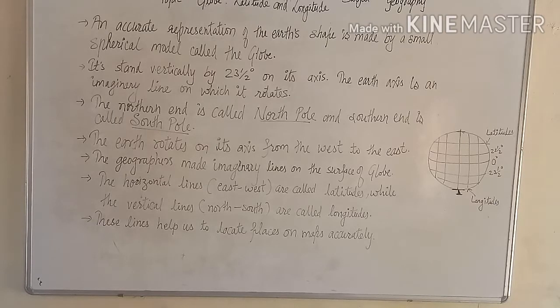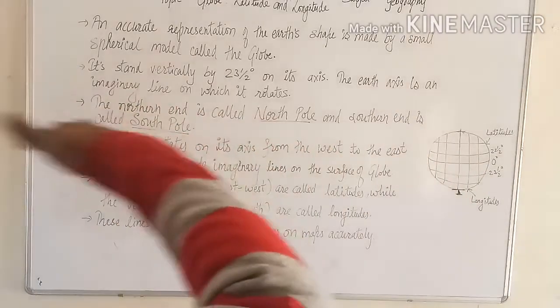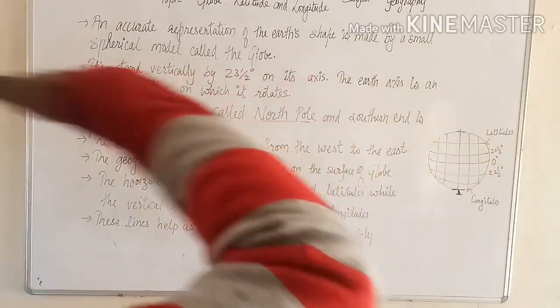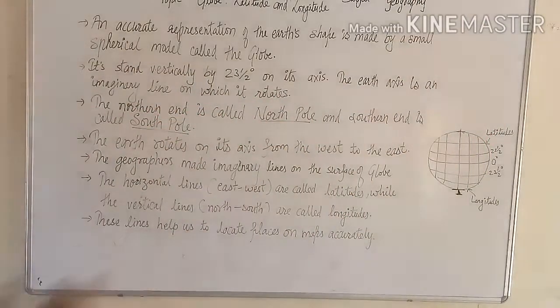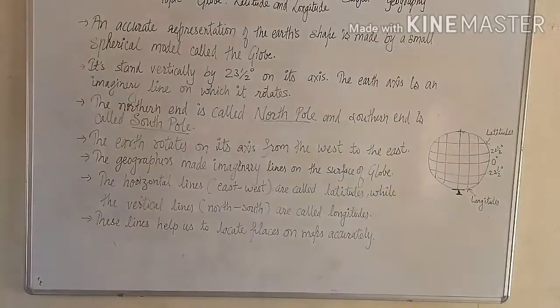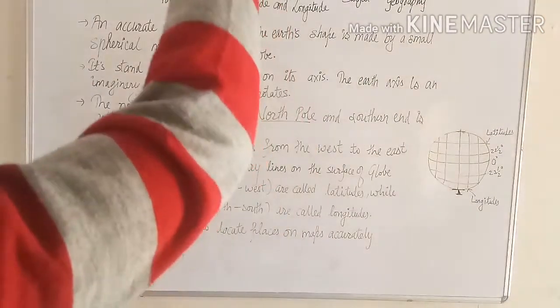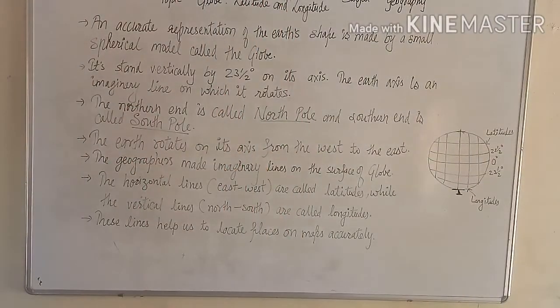The horizontal lines, meaning right to left, east to west, are called latitudes. And the vertical lines, from up to down or from north to south, are called longitudes.